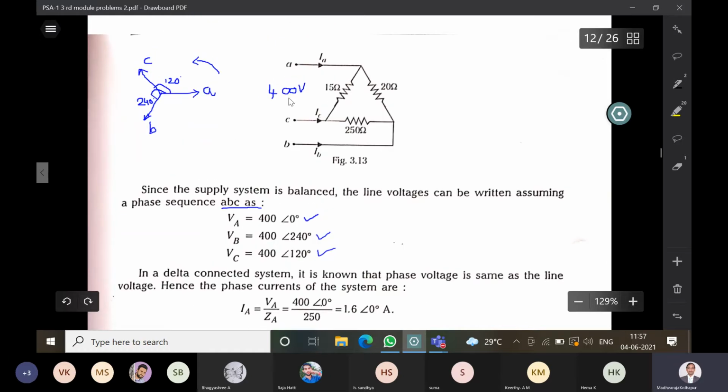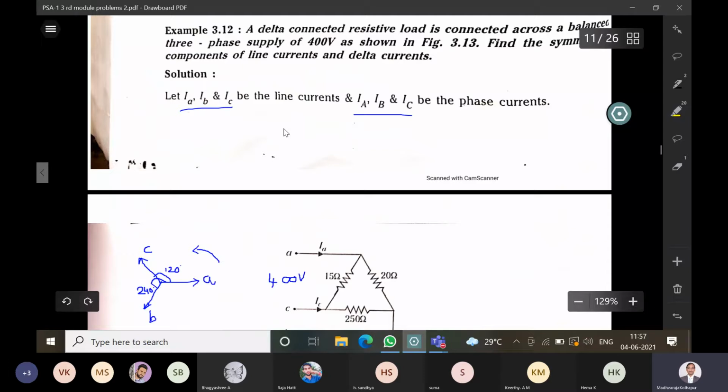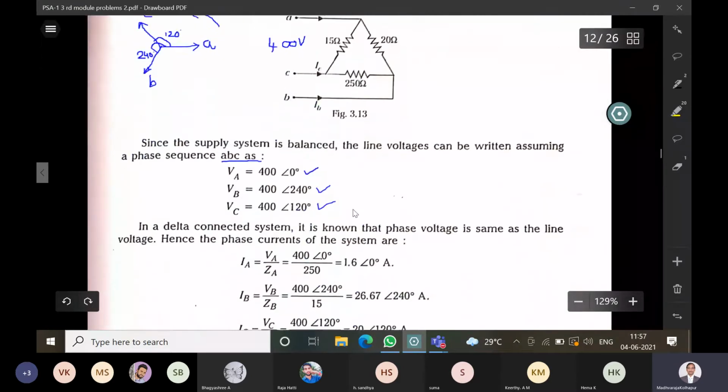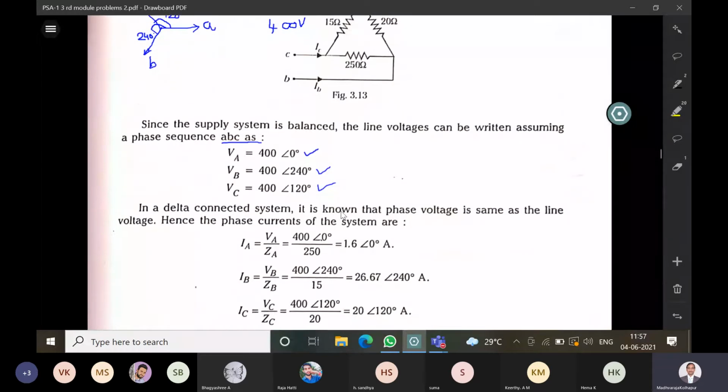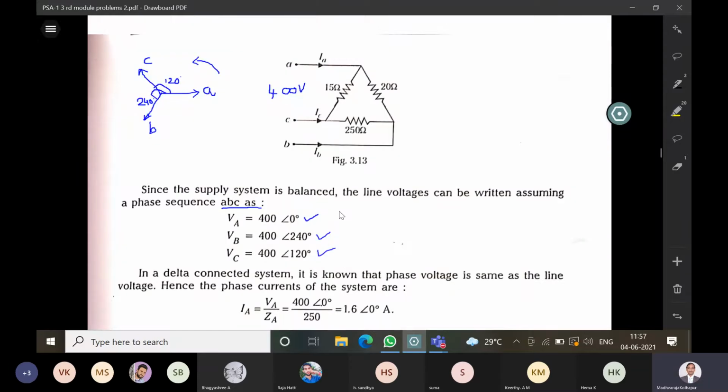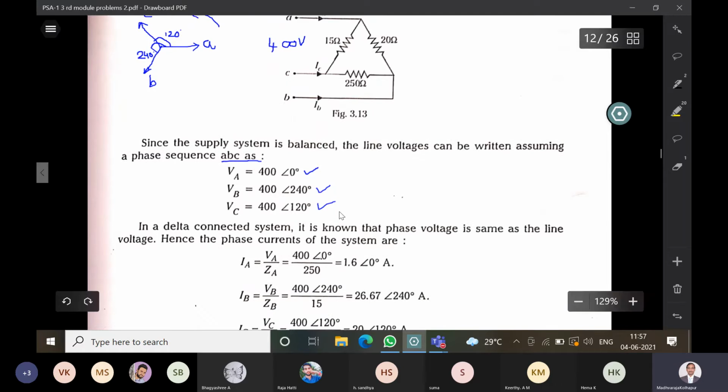So once you know the values of voltages, find voltage divided by the individual resistances ZA, ZB and ZC. Suppose I want to find current IA, it is equal to VA by ZA.